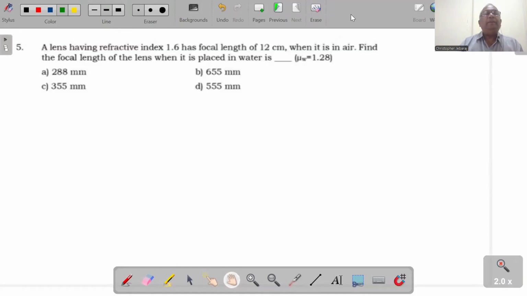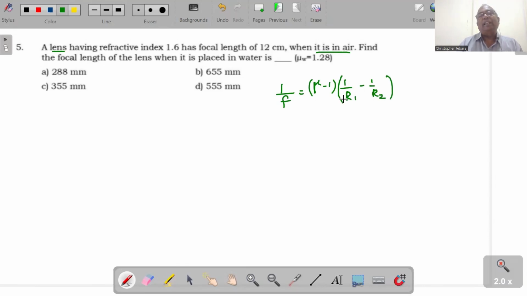A lens having refractive index 1.6 has a focal length 12 centimeter when it is in air. The focal length in air and the refractive index of the lens are given. Find the focal length of the lens when it is placed in water. Since nothing is mentioned about the lens, it is a biconvex lens. For a biconvex lens, the formula to calculate focal length is mu minus 1 into 1 by R1 minus 1 by R2.